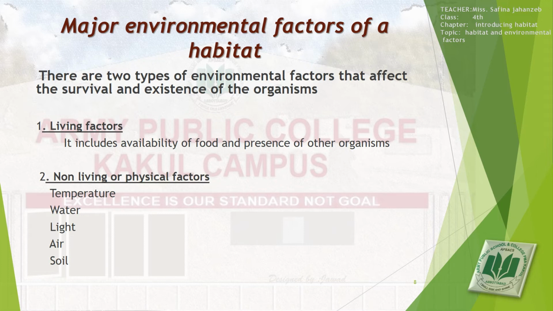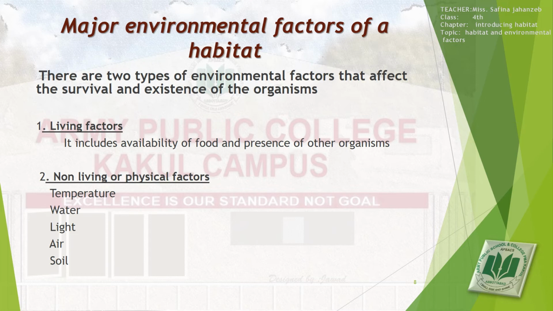In the second factor, we are going to discuss five points. The first one is temperature, and how temperature affects the nature of any habitat. The second one is water, the third is light, the fourth is air, and the last is soil. Students, as we know, temperature is very important to any habitat.